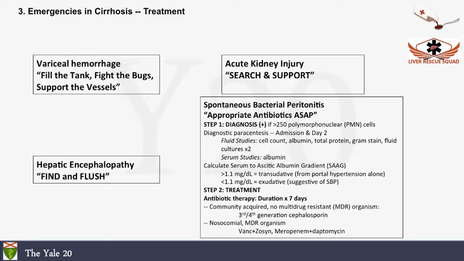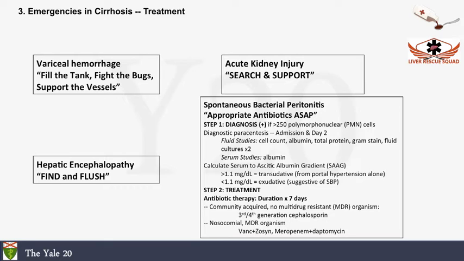Fluid studies: send for cell count, albumin, total protein, gram stain, and fluid cultures. Get albumin so you can calculate the SAG, or serum to ascitic albumin gradient. The SAG usually comes back really fast. Determine whether or not it's transudative from just portal hypertension or if there's something in the fluid that shouldn't be there. Of course, the diagnosis is 250 polymorphonuclear cells. You adjust for white blood cells. I'm not going to go through that, but you can go and look at that later.